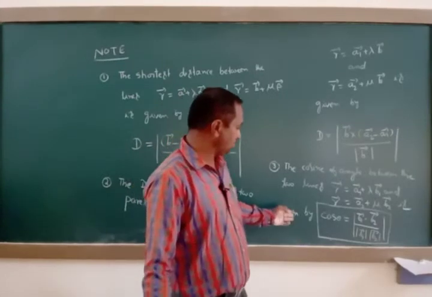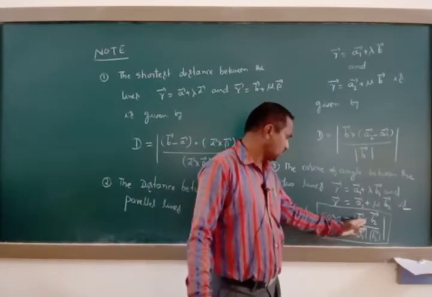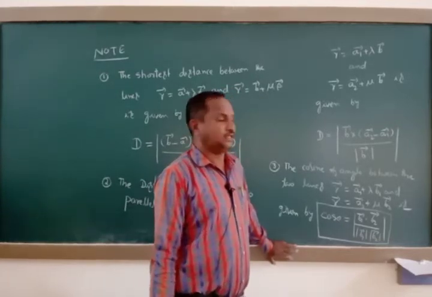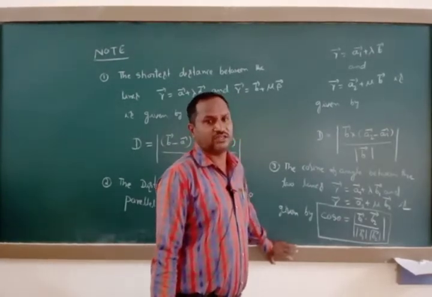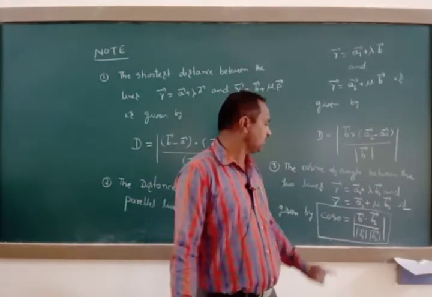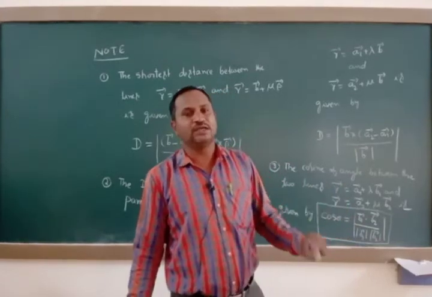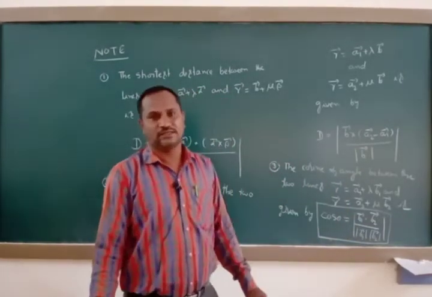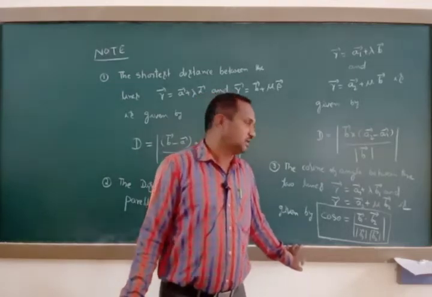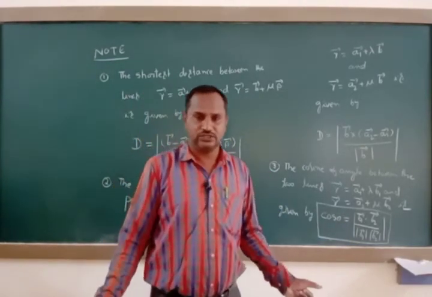Whenever two lines are perpendicular to each other, the B1 dot B2 value is always equal to 0, because cosine is 0 for which angle? 90 degrees. So the numerator, B1 vector dot B2 vector, is always 0 then. Comparing with the cosine angle on the right-hand side, 0 is the value of cosine at 90 degrees. So if the dot product of two vectors is 0, we call those two lines perpendicular to each other.